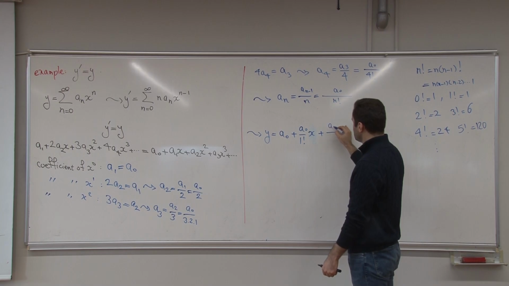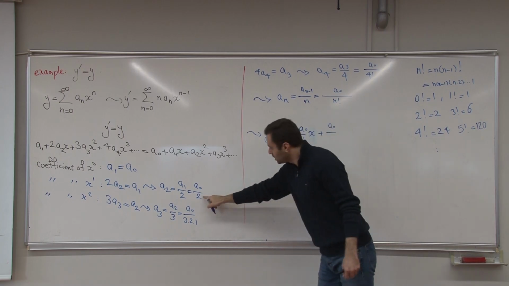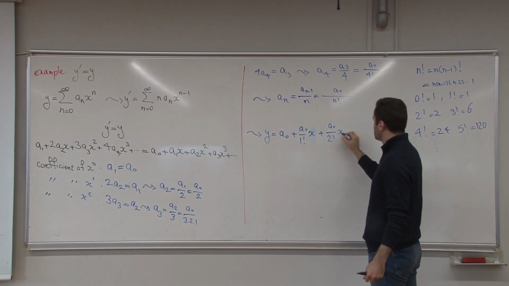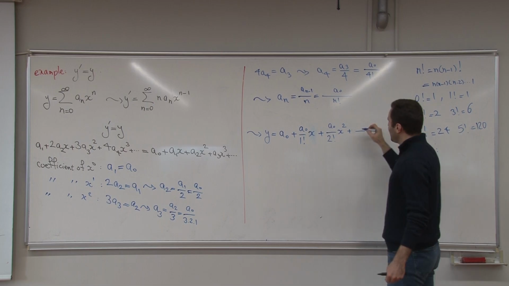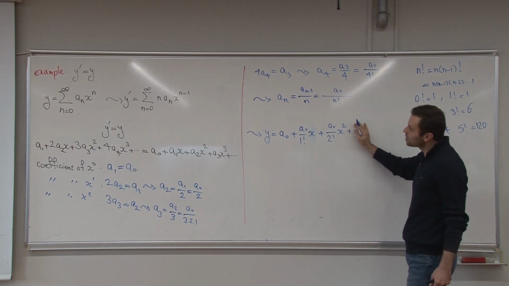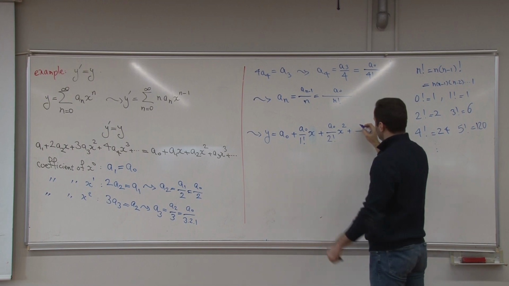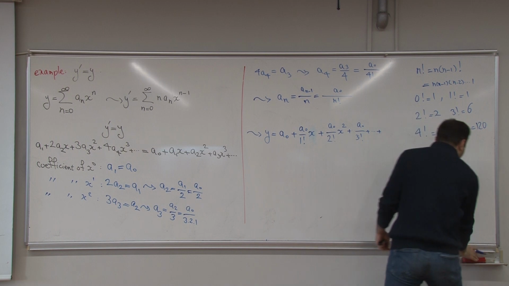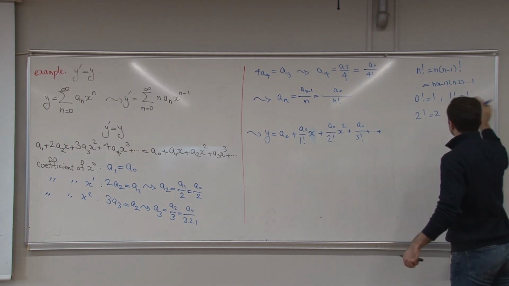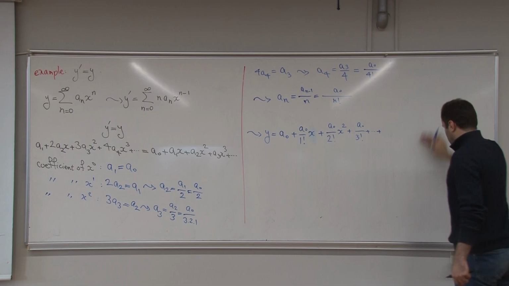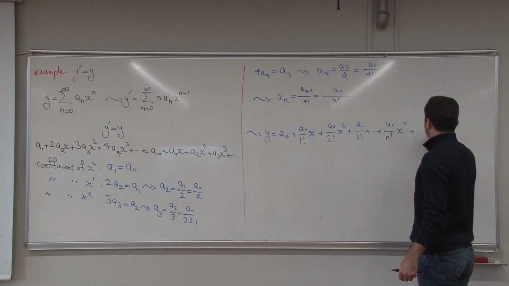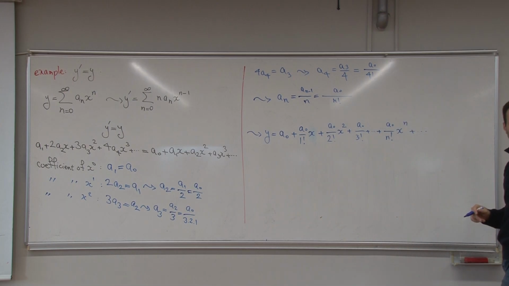My a2 is a0 divided by, I can also write it as 2 factorial, because 2 factorial and 2 are the same thing, times x to the power of 2, plus a3 x cubed, and what is our a3? a0 divided by 3 factorial. And what do I have here for the nth term? I have a0 divided by n factorial times x to the power of n. Okay?